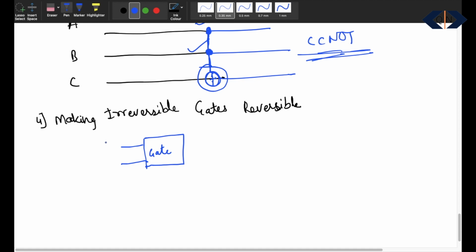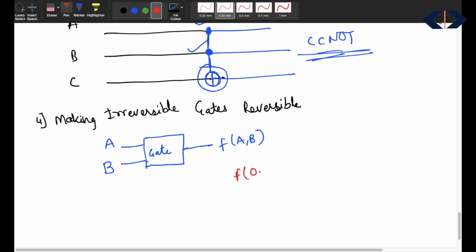We have inputs A, B, and since we don't know what gate we are utilizing, the output will be a function of A and B. Suppose this is an AND gate, then what will our function be?